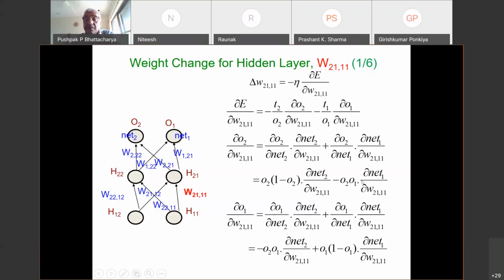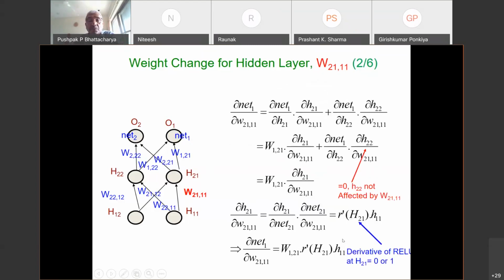I have found expressions for delta O2 delta W and delta O1 delta W. These are in terms of derivatives of the net input, net 1 and net 2. So I have more work to do. This more work is in the following form. Delta net 1, delta W211. Look at the picture. Okay, it is helpful to understand backpropagation through pictures when we have the network in our view.